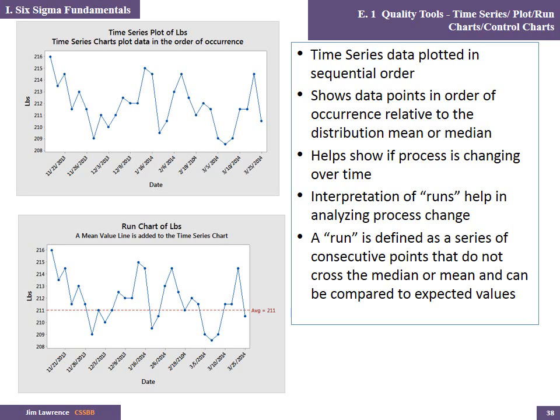The points shown are in order of occurrence relative to the distribution mean or median. It helps show if a process is changing over time. Run charts or time series plots can help in analyzing process changes. A run is defined as a series of consecutive points that do not cross the median or mean and can be compared to expected values.